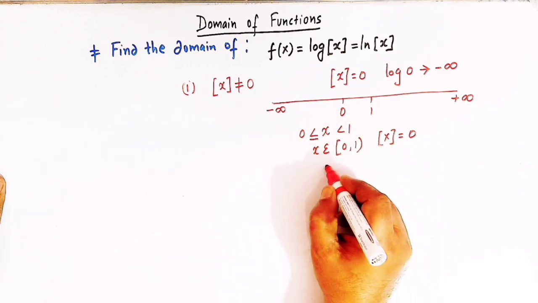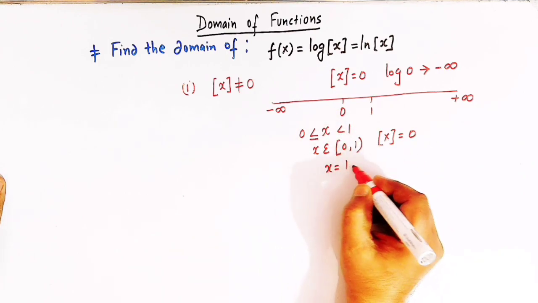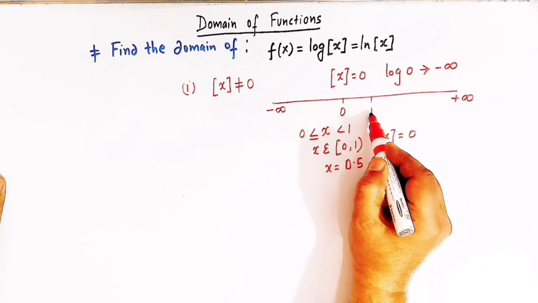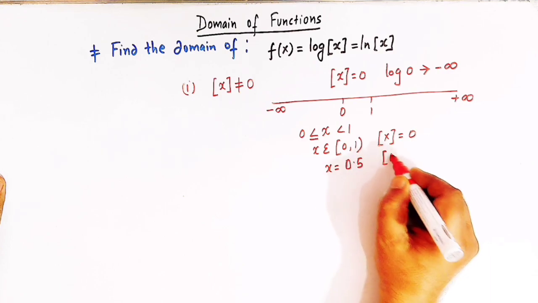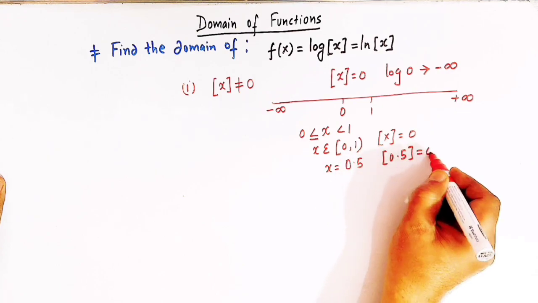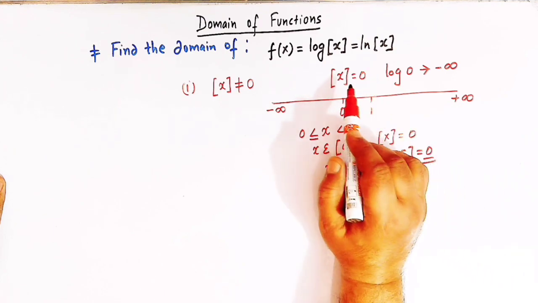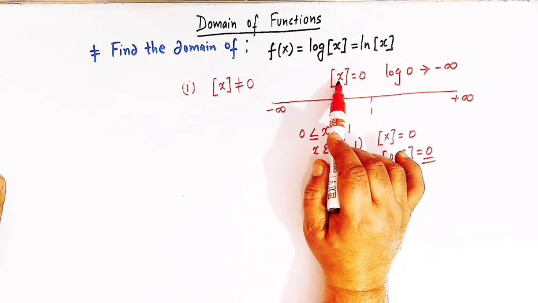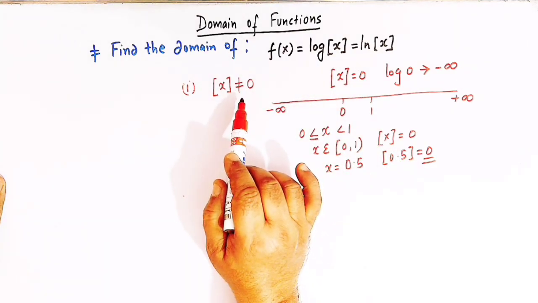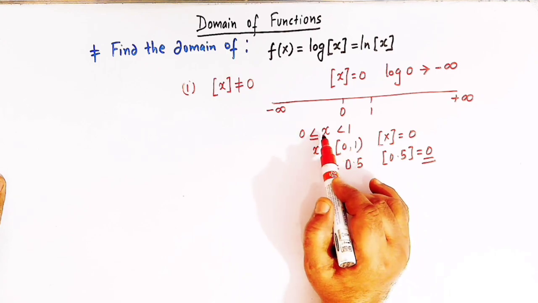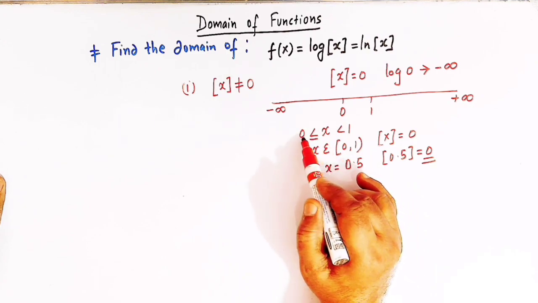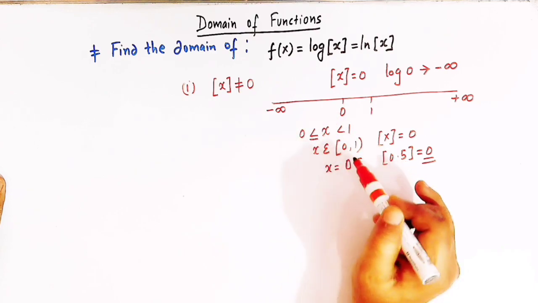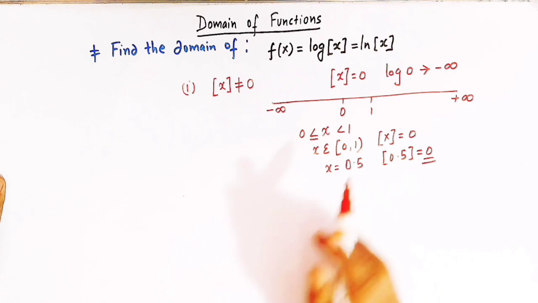For example, if we have x equal to 0.5, then 0.5 lies between 0 and 1, and the greatest integer of 0.5 is equal to 0, right? So the first important point is that the greatest integer of x should not be equal to 0, or in other words, x is greater than or equal to 0 and less than 1. So we should not have any value of x which lies in this interval.